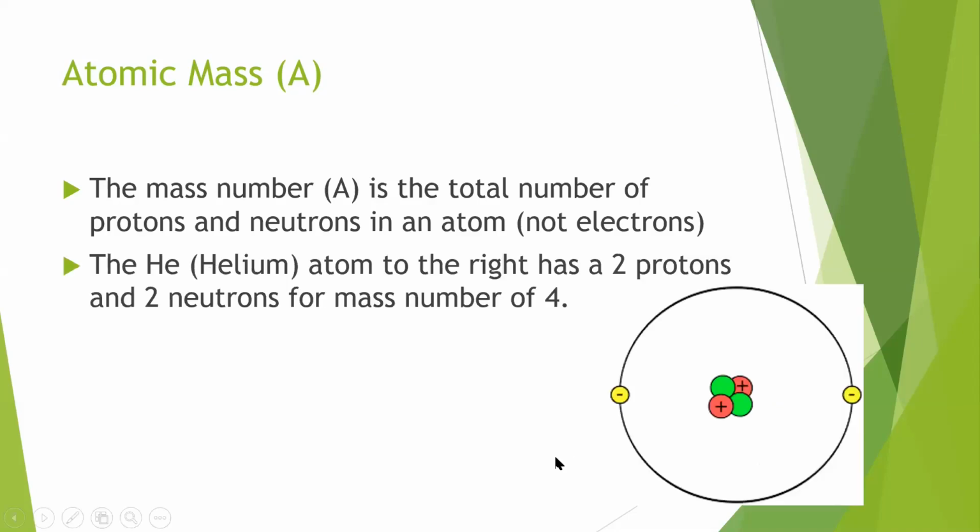So let's find the atomic mass of helium. There are 2 protons. Remember, protons are positively charged. There are 2 of them. And then we count the number of neutrons.